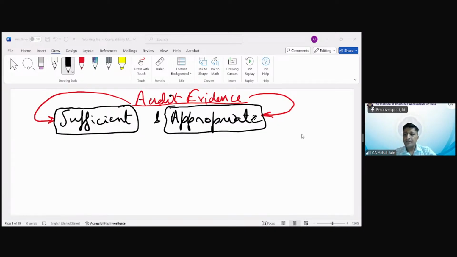Like that, for each and every transaction, for example balance sheet items, all the closing balances, we will do a deep dive. We are checking, based on materiality once again and on performance materiality, so we will work and get the audit evidence.